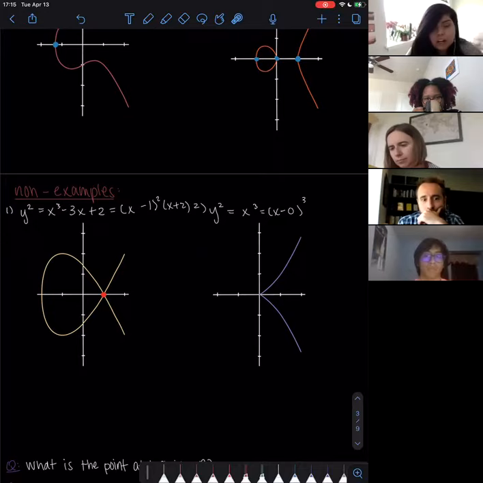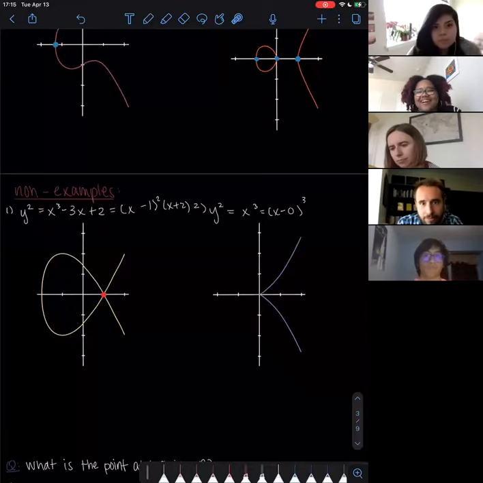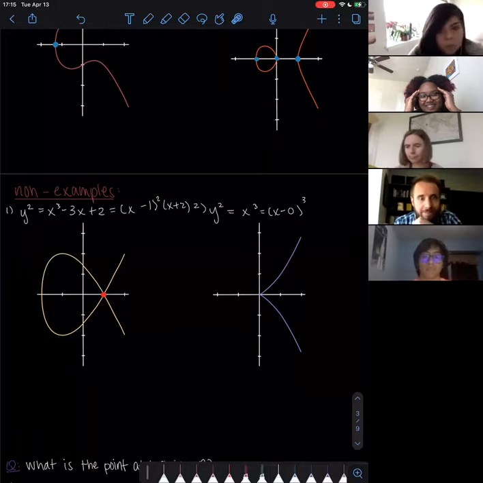Okay, so far, do we have any questions on the definition or any of the examples that we have? I have a question. Okay, so I'm looking at this and I am super excited that not being on an elliptic curve corresponds to not having a derivative. Is there a reason that the derivative is important here?